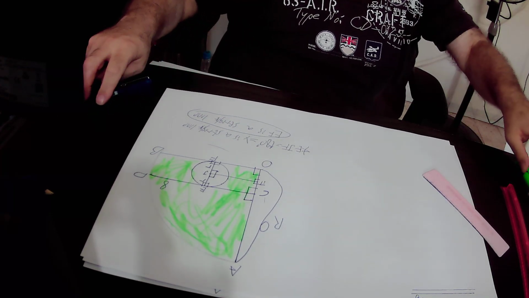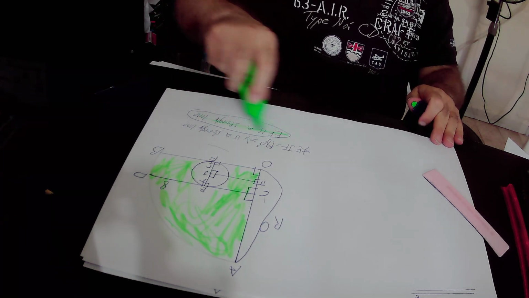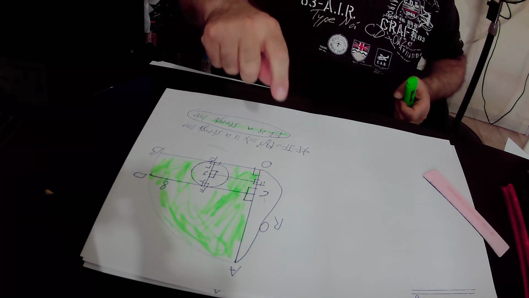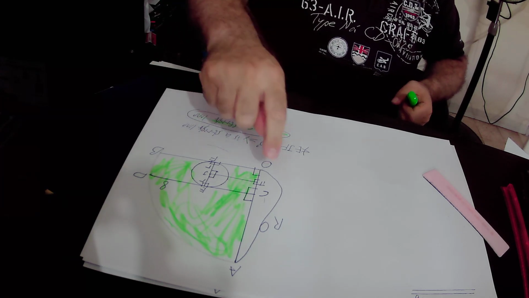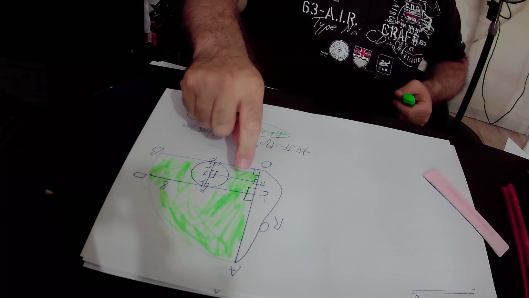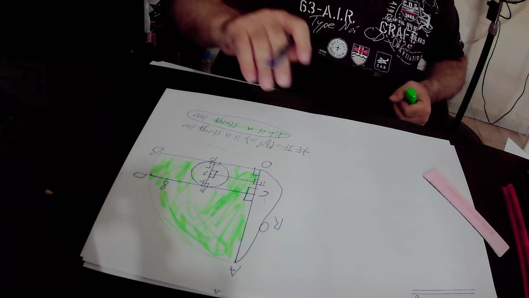And if EF is a straight line, then quadrilateral CEOF is a rectangle. So I write it down.